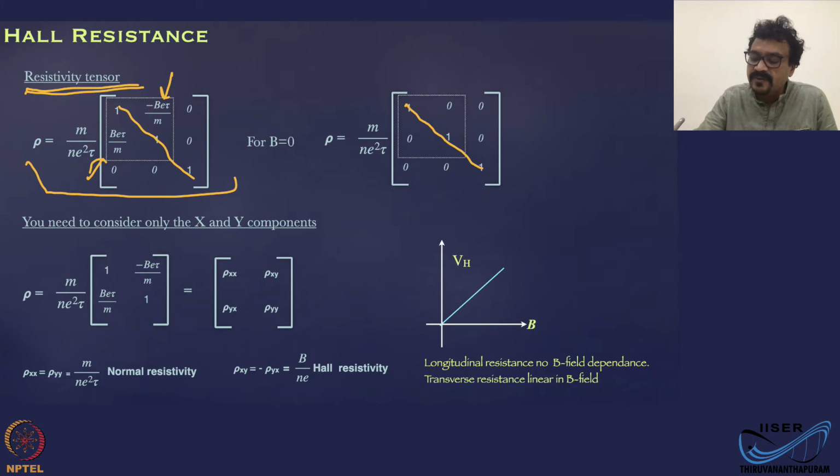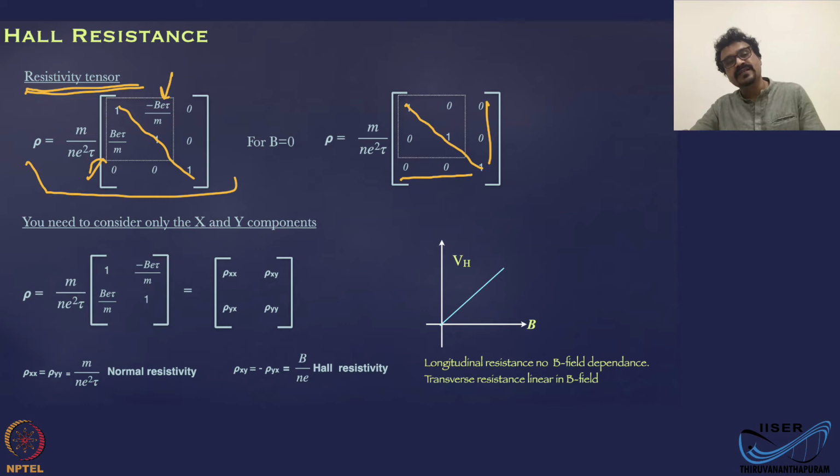Now, as I told, the third row and third column, which represents the component which involves the Z direction, we don't need to consider, because the magnetic field doesn't do anything in that direction to the charge carrier.